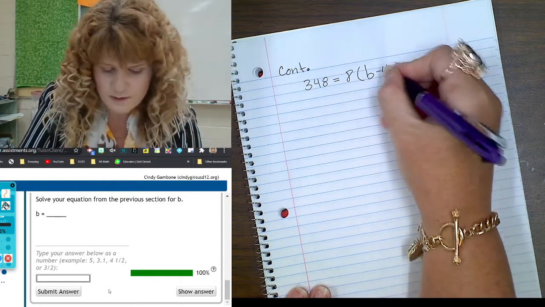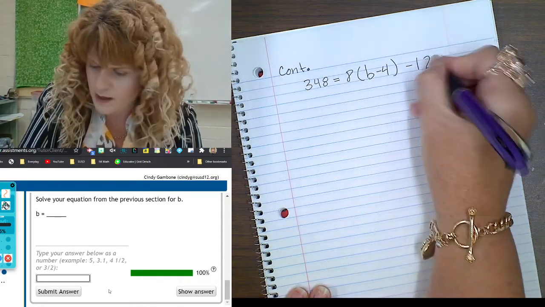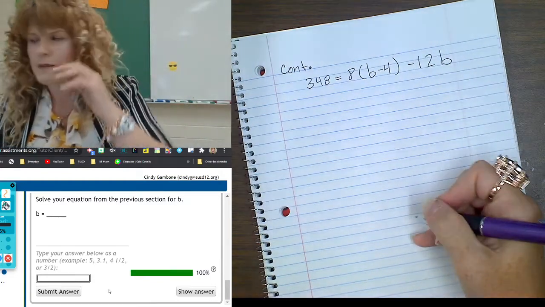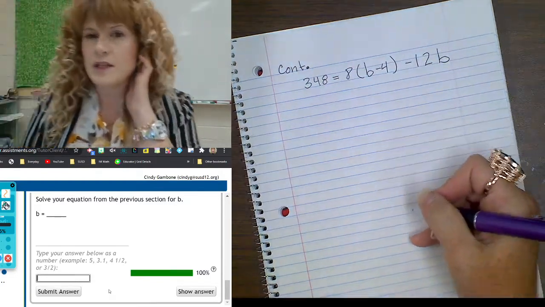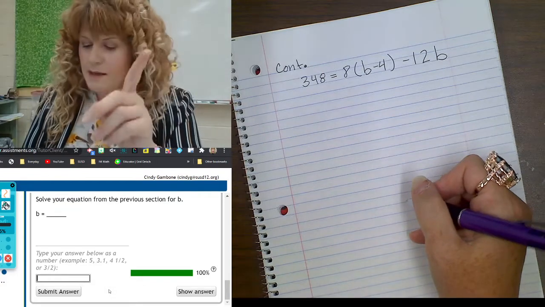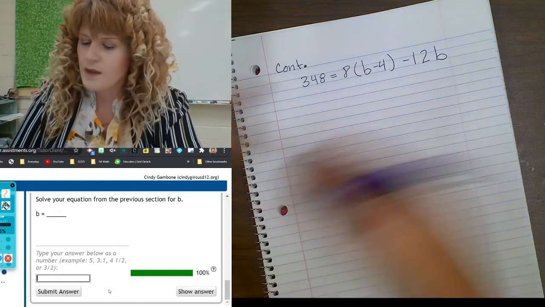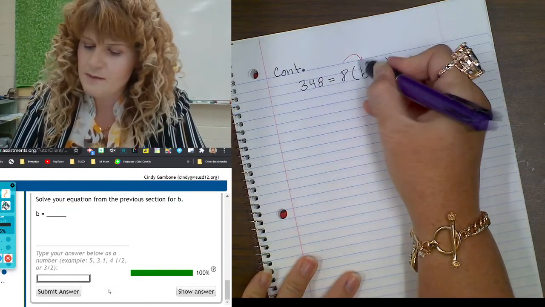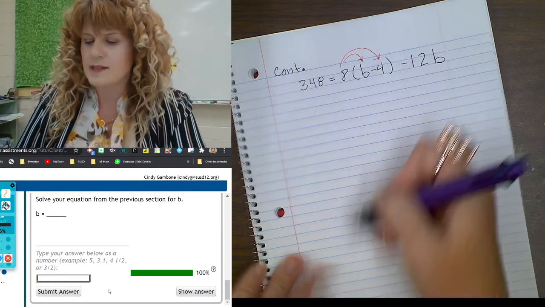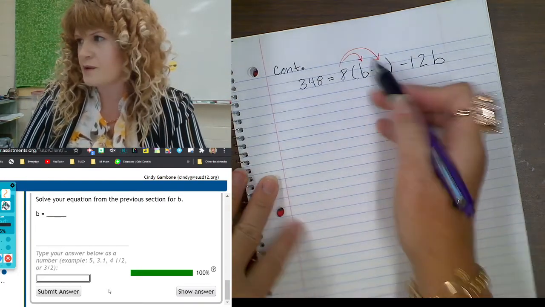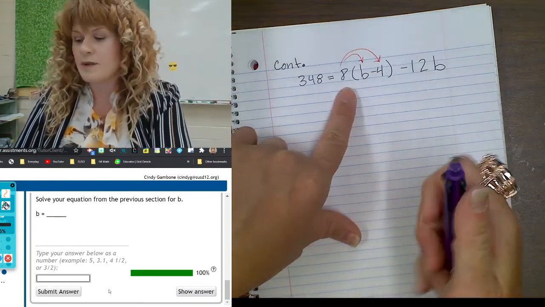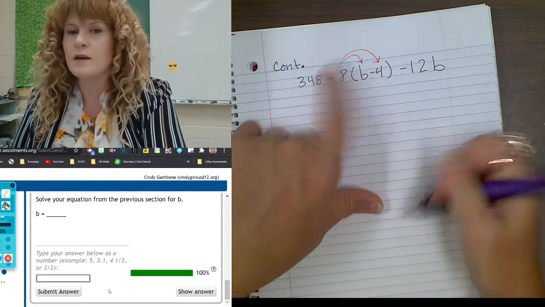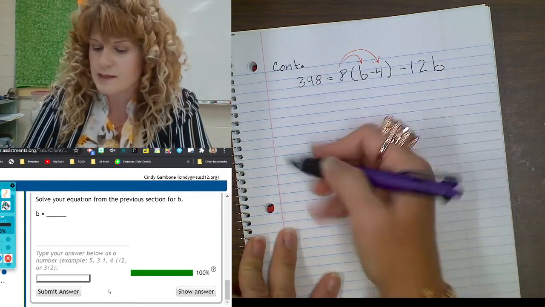minus 4 minus 12b. You have to remember the steps to solving equations. Step 1, eliminate parentheses. Remember that the 8 is being multiplied throughout the parentheses. I'll use the red arrows to show you the distributive property, meaning multiply through the parentheses.